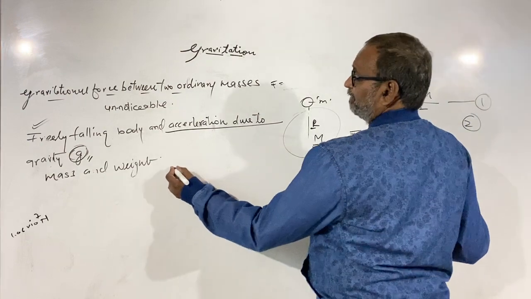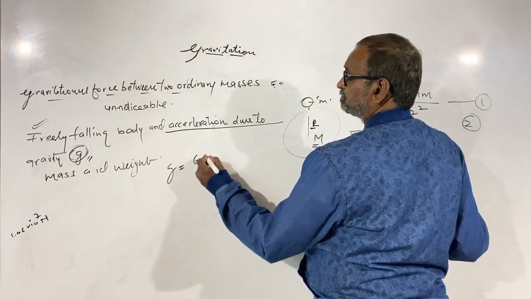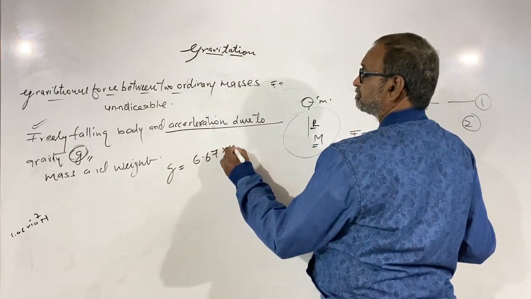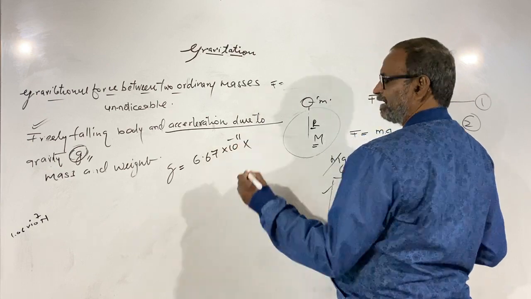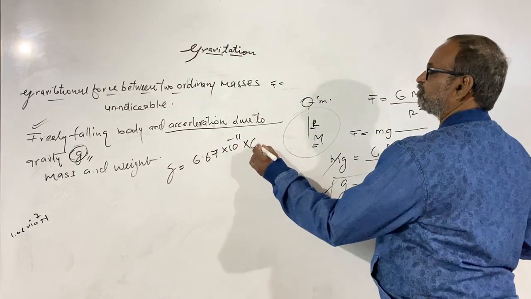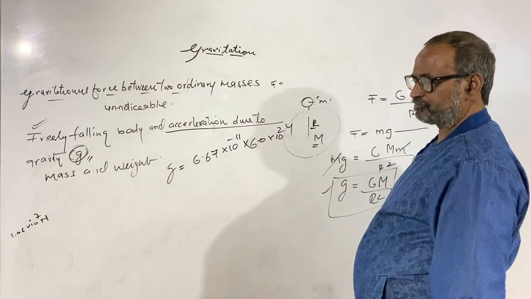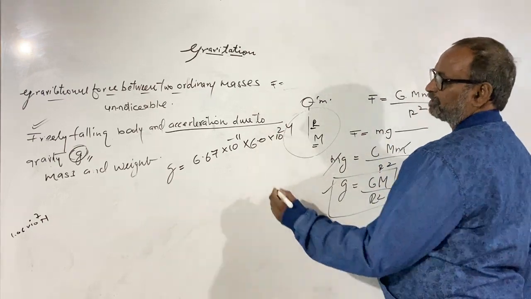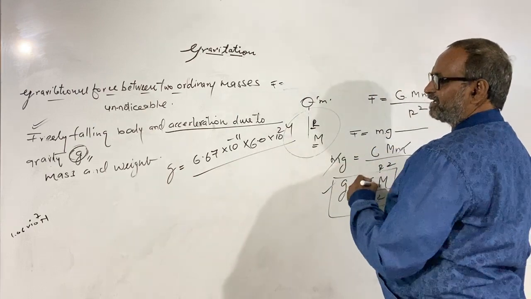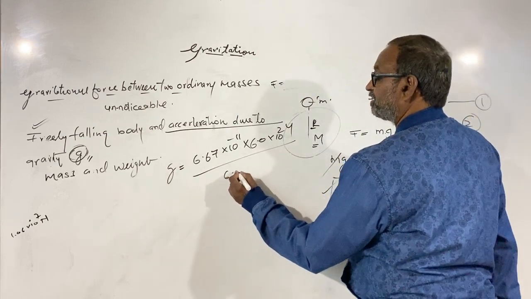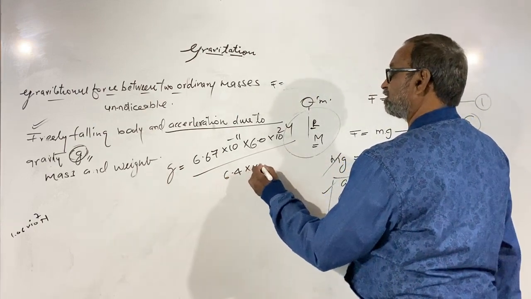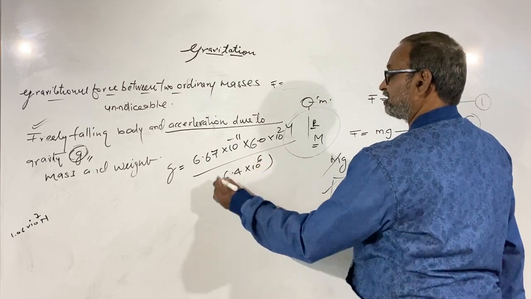Now the mass of the earth is approximately 6.0 into 10 raised to power 24 kilogram. The radius of the earth is approximately 6.4 into 10 raised to power 6 meter.